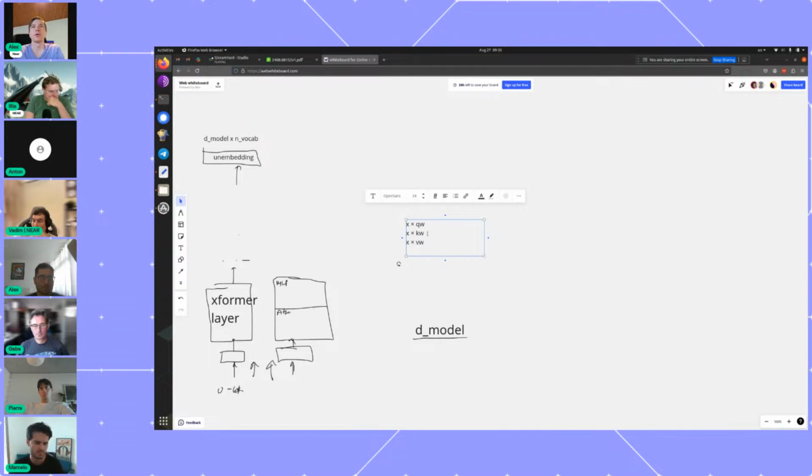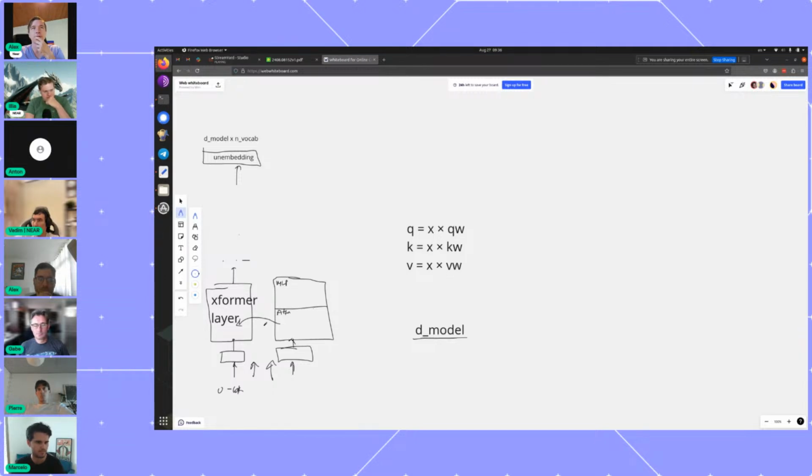Right. So you get three matrices, Q, K, and V. And effectively, K and V are keys and values that you computed for the tokens, and Q are queries that you use to query keys from the previous tokens. I'm not going to go too deep into attention right now. What is important is that there are three matrix multiplications involved here.